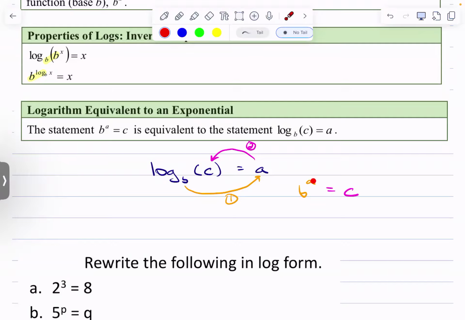Going in reverse, from b to the a is equal to c, I know it has to be equal to a, and I'm taking the log base b of c. So being comfortable moving one direction allows you to move in the other direction as well.